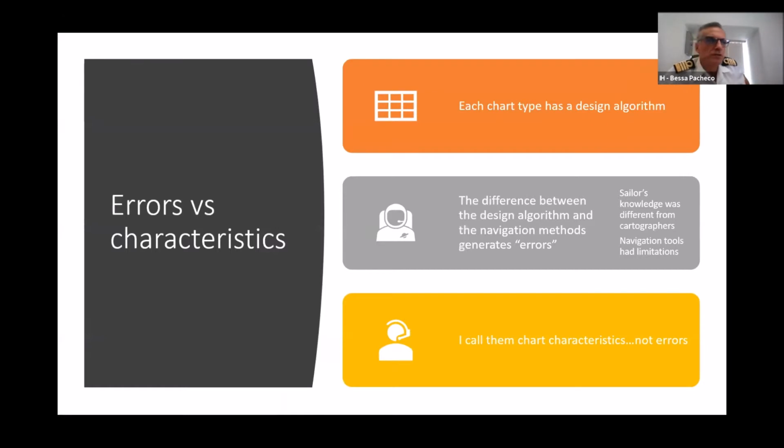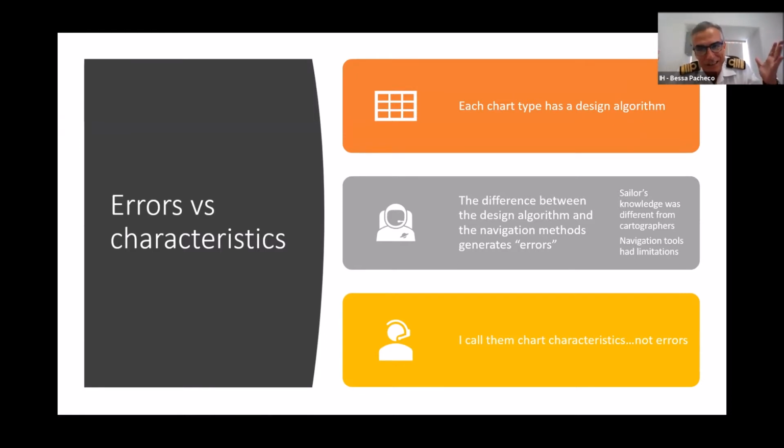I would like to start by expressing my view regarding the uncertainties that some people, when they talk about these charts, assume to be errors on the chart. I don't believe the charts have any errors.